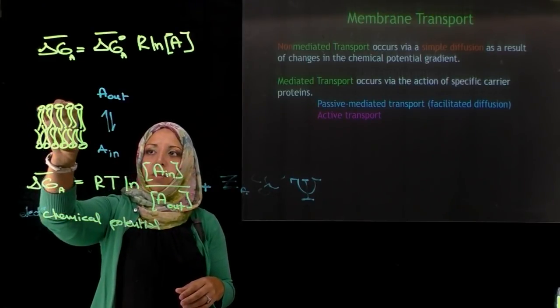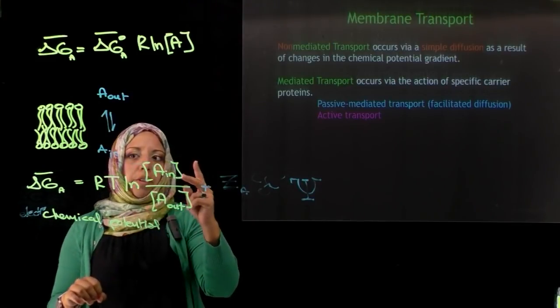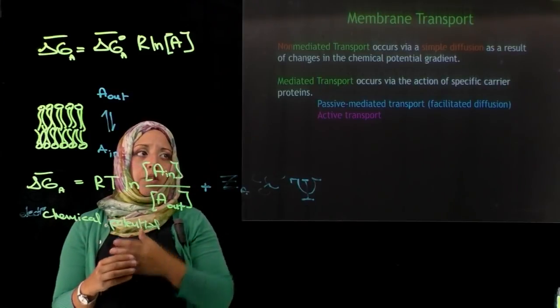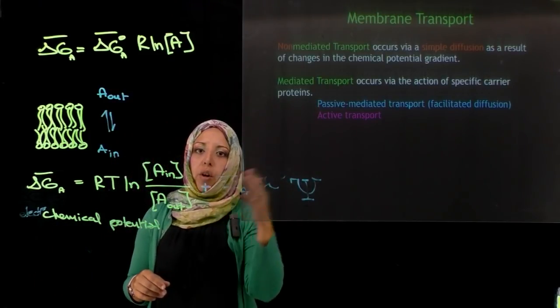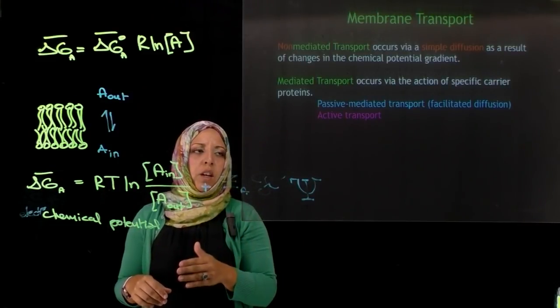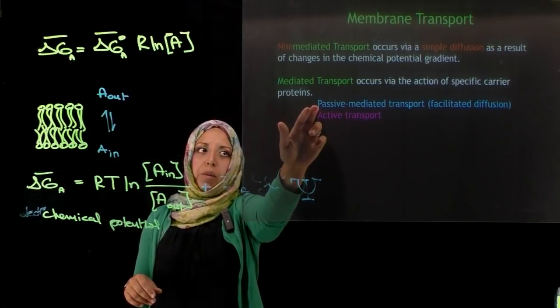So you have a specific protein that would be embedded within the membrane. And there are two types, either passive mediated transport, which is going down a concentration gradient, from a high concentration to a low concentration. So those do not require the input of energy.